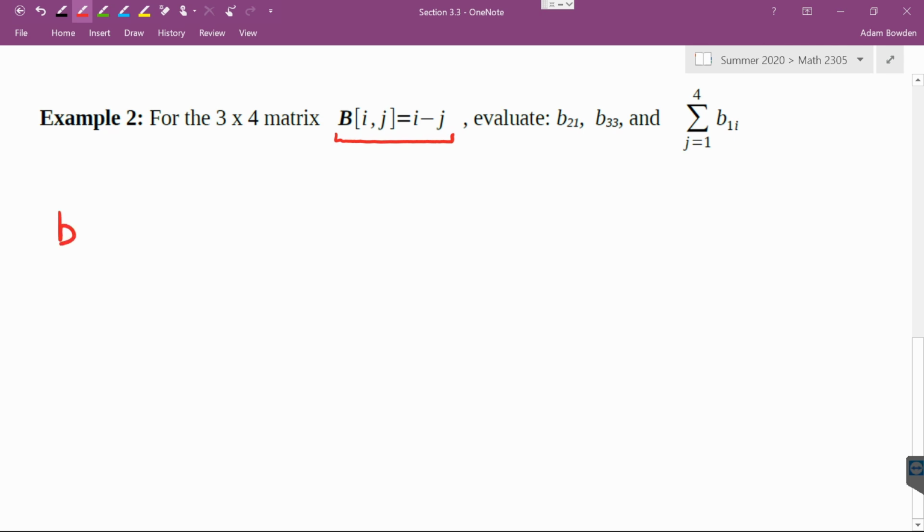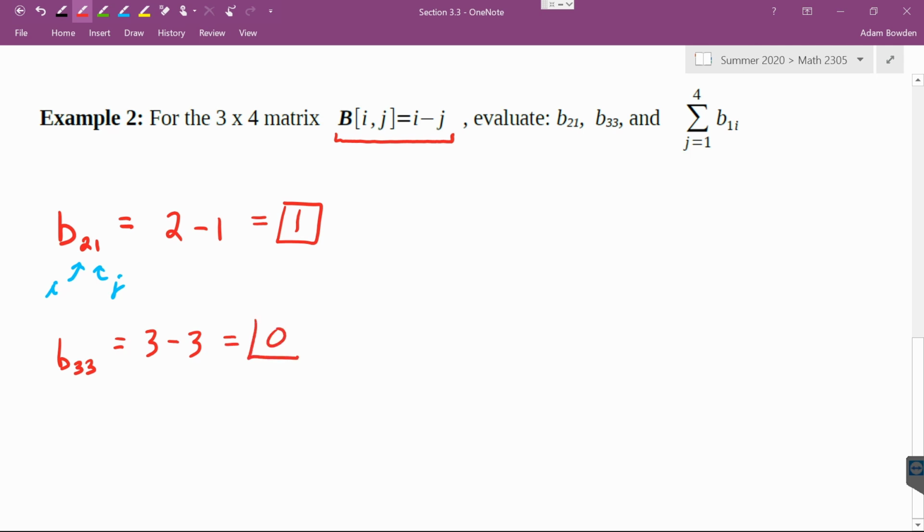If we start with B sub 2,1, then we recognize that i is the first number in the subscript and j is the second number. So the calculation would go 2 minus 1, i minus j, which gives us 1. B sub 3,3 would be 3 minus 3, or 0.